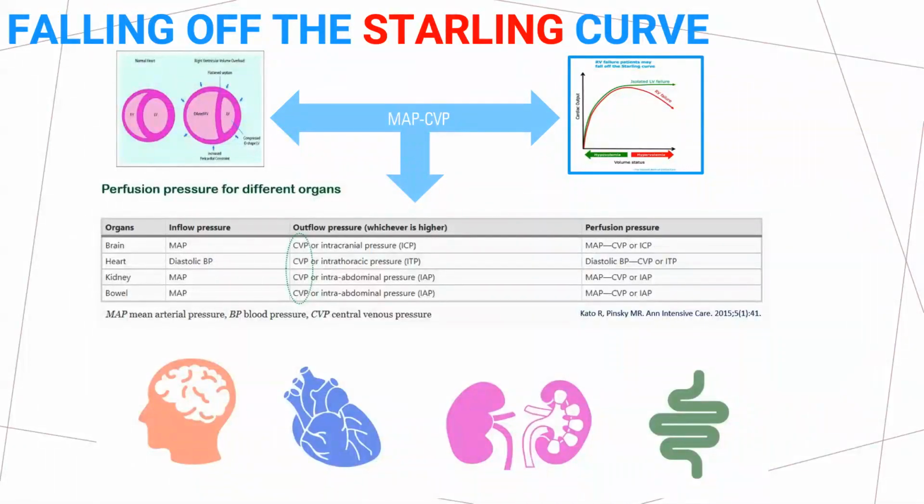So increasing CVP in RV failure and decreasing MAP, both lead to decreased organ perfusion pressure. For the brain, this leads to decreased conscious level. For the heart, cardiac ischemia. For the kidney, decreased urine output and renal shutdown. For the intestine, bacterial translocation, and these patients are very prone to sepsis.